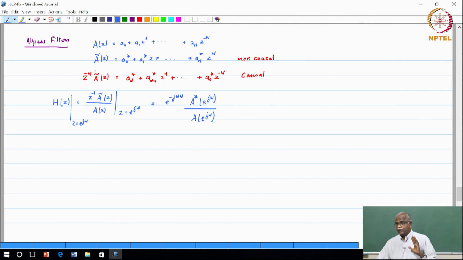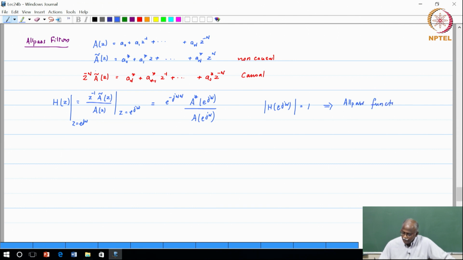Okay. So, the reason we have gone through this A tilde business and the analytic extension is that we get a very compact expression and an understanding of what the structure of an all pass filter is going to be, because now you can verify that magnitude H(e^{jω}) equals 1, and this is the basic property of all pass functions.